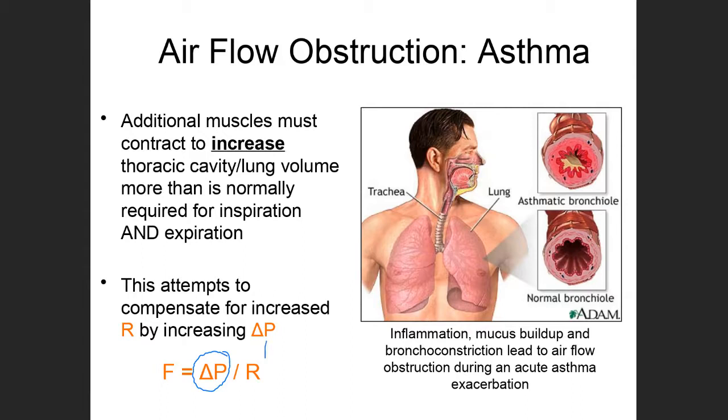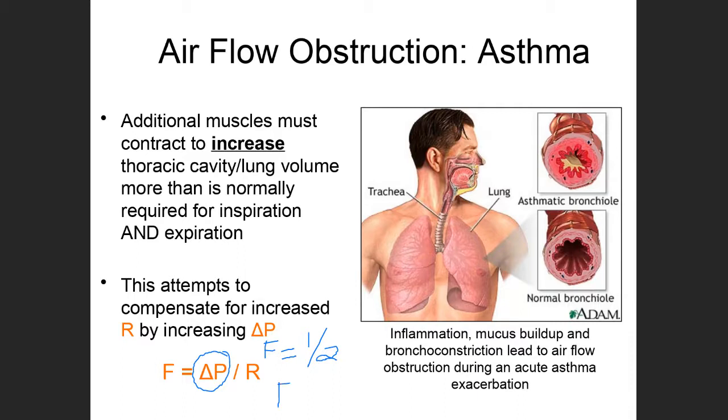And if we go back to that idea, again, just throwing numbers out there, that somebody who's having an asthma attack has had their airflow decreased in half, what they can do to try and compensate for that is increase the difference in pressure.